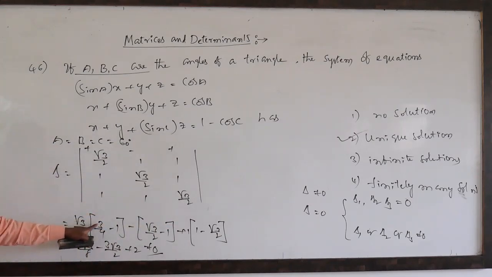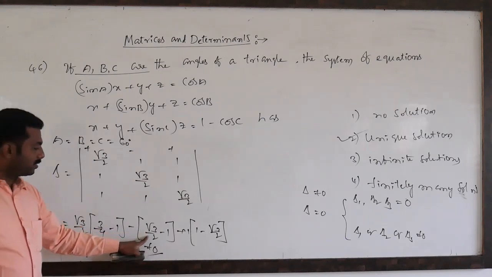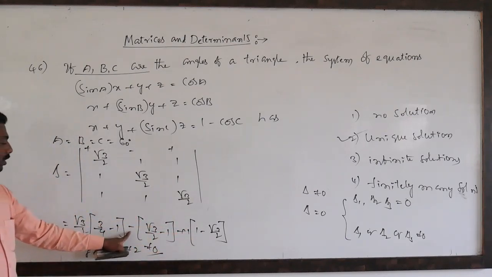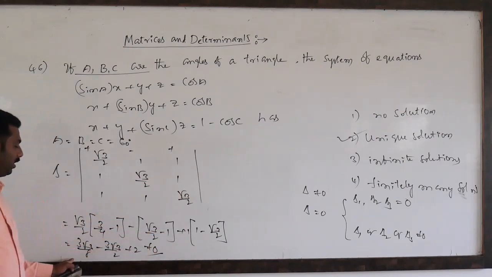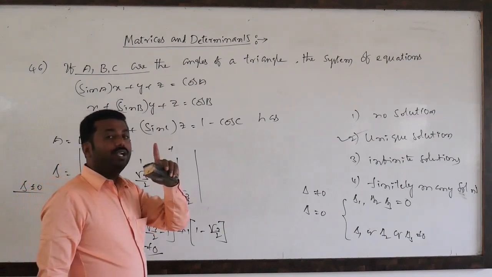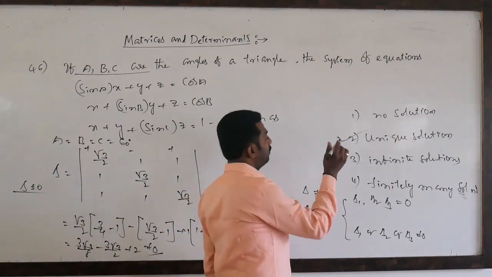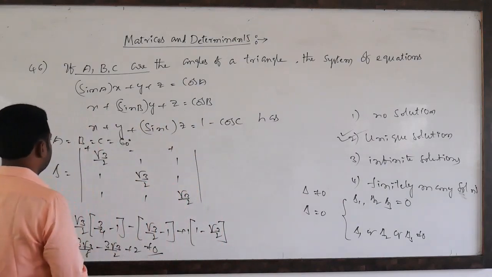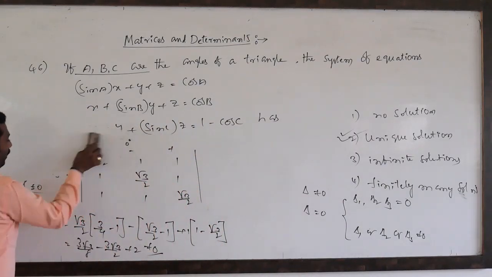So root 3 into 3 is 3 root 3, 2 into 4 is 8, minus root 3 by 2, minus root 3 by 2, minus root 3 by 2 means minus 3 root 3 by 2. Here minus of minus is plus, so clearly this is not equal to 0. So delta is not equal to 0, meaning the system has one and only one solution, the unique solution, which we have to identify. Next.